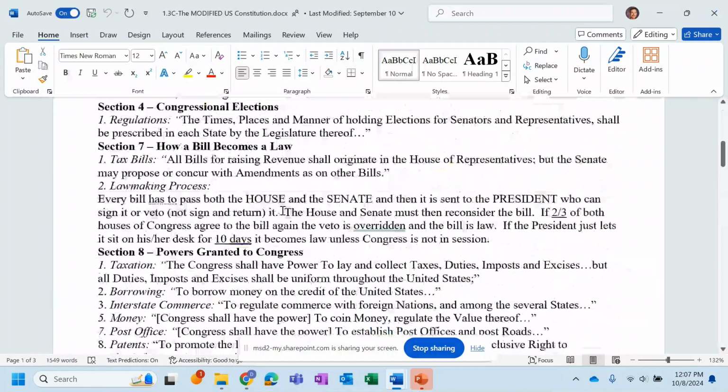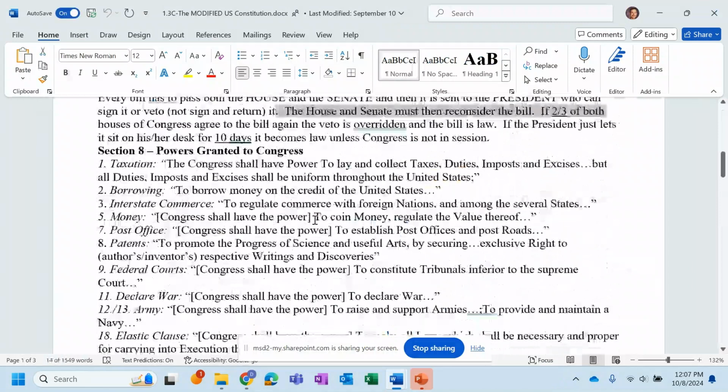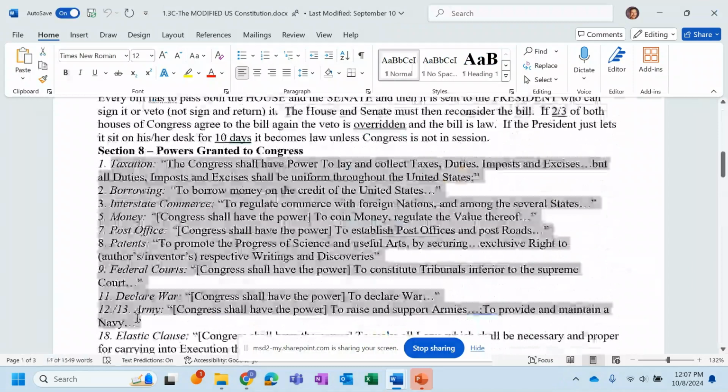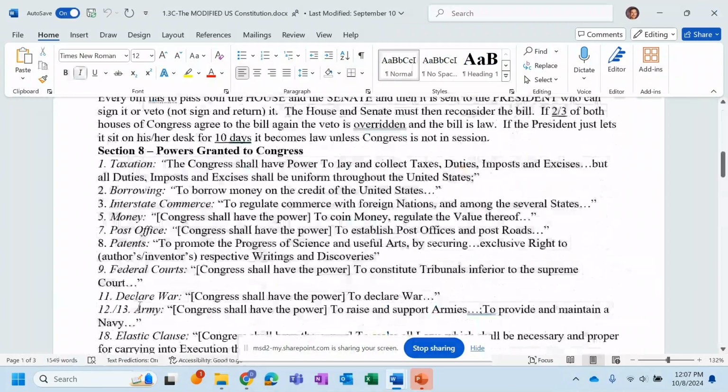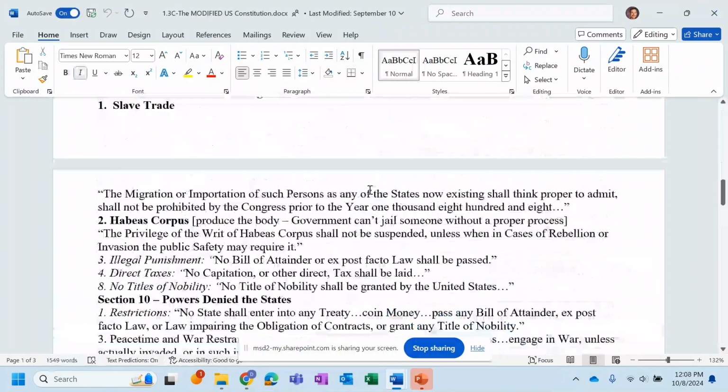And then also the House and the Senate can reconsider it and override the veto. A lot of these things are decided by Congress, like declaring war, having an army, determining the post office, but then they are executed by the president.